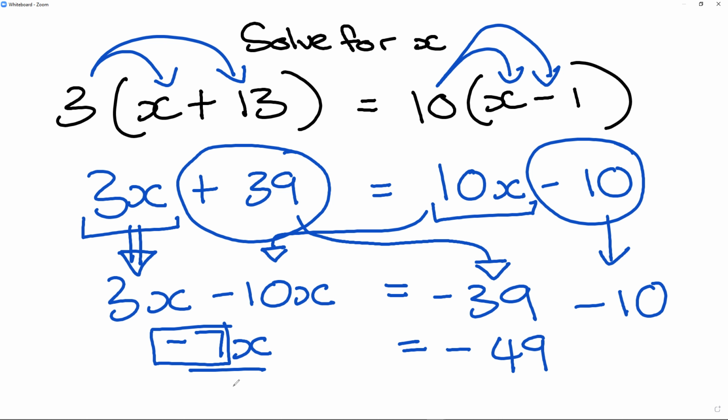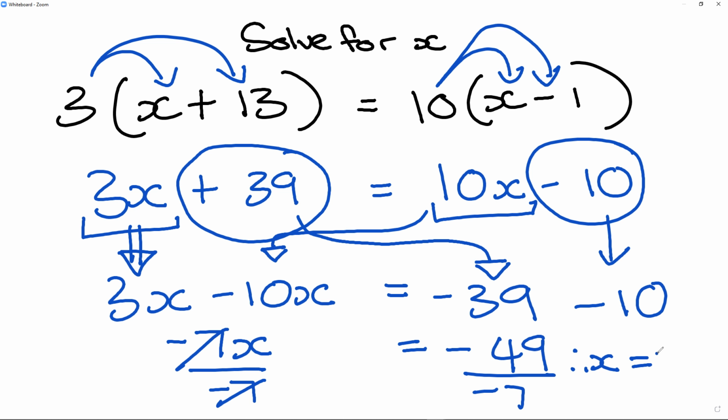Now that I'm almost there, I can divide both sides by negative 7. But I have to remember that negative divided by negative is a positive. So therefore, x will equal 49 divided by 7. And if you know your 7 times table, 7 times 7 is 49. So 49 divided by 7 means the answer is 7.